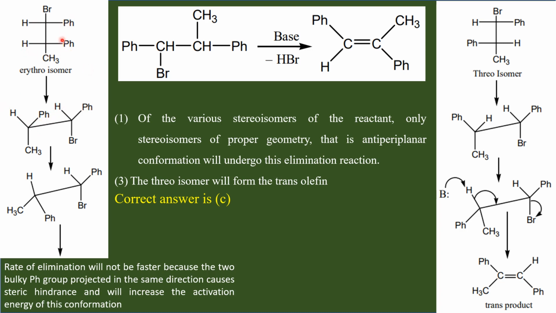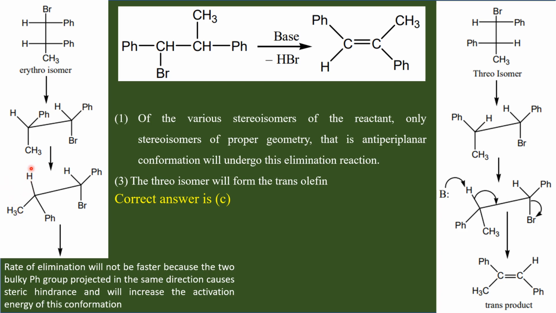So the same way they are mentioned. Now for the E2 reaction to take place, this hydrogen and bromine should go to the same plane. So you have to rotate so that the hydrogen will go up. So I am just rotating this so that the hydrogen comes up. When hydrogen comes up, phenyl will go down here and the methyl will go to the next place.